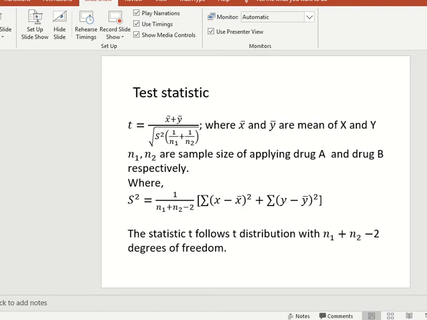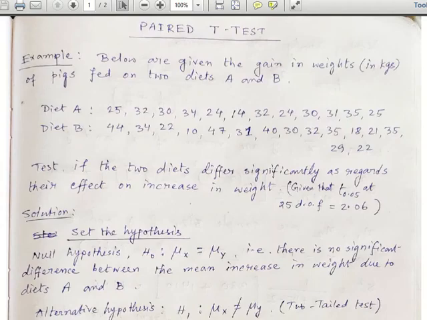So now come to a real life example of a t test. In this example we are trying to examine two diets, diet A and diet B, and the effect of these two diets on pigs.